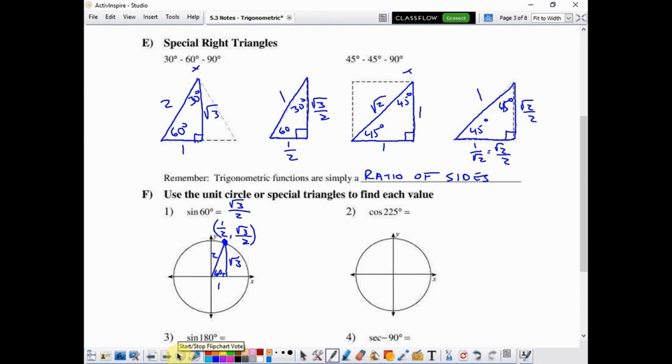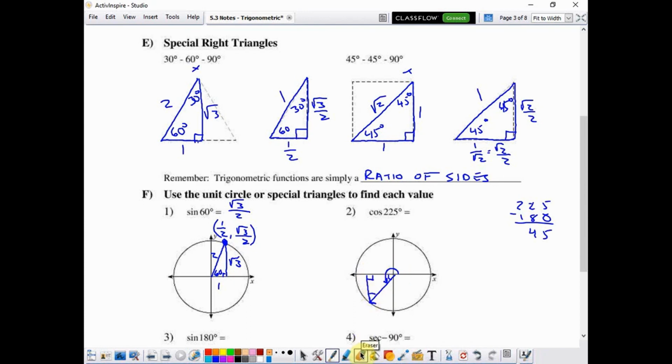Next is cosine 225. The 225 rotates past 180, right about there. And we're going to turn that into a triangle, but we need this reference angle measure. So that's 225 minus 180. And that's 45 degrees. So what I have here is a 45, 45, 90.